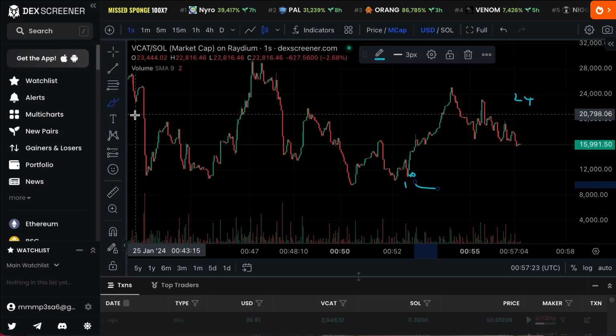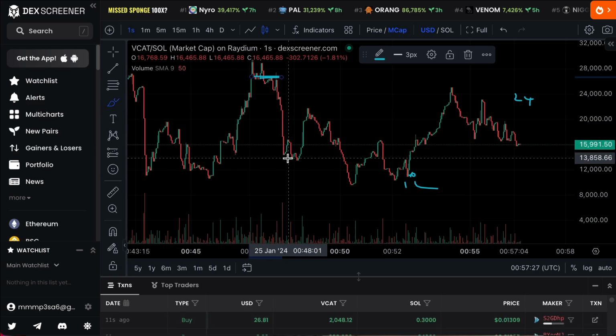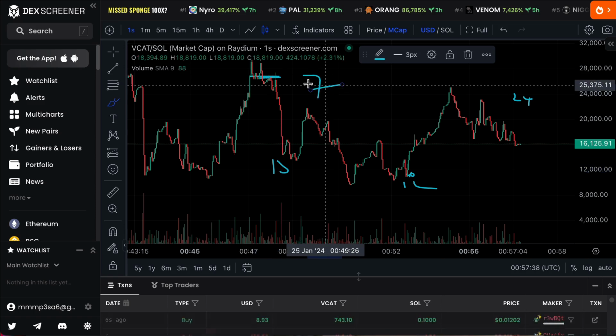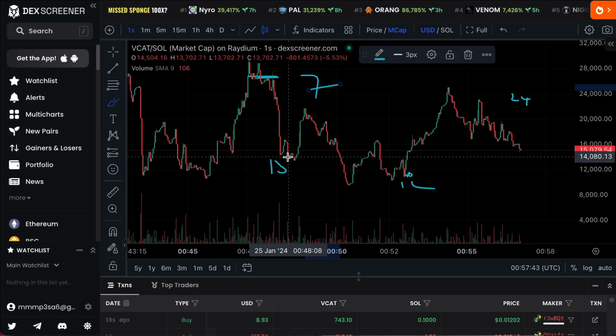Or you're looking to buy and you've just bought at 26K, where literally 5 seconds later, the price is 13K. This is literally seconds. Look at the time stamp on the bottom, 47.42, 47.53. 7 seconds and you could have got the token for half price.